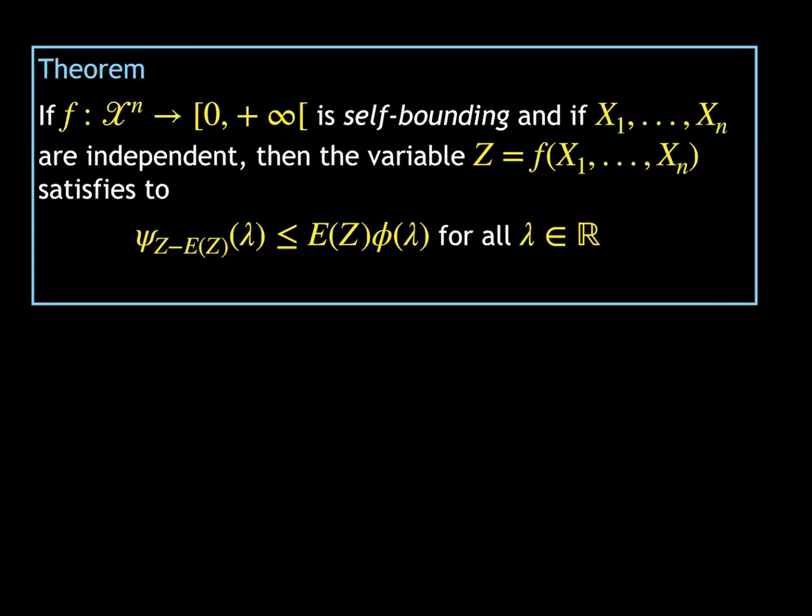And then the log of the moment generating function of Z, recentered by the expectation, is less than the expectation of Z times phi of lambda, which is exactly the log of the moment generating function of a centered Poisson variable with parameter expectation of Z. So this is a very, very beautiful result.